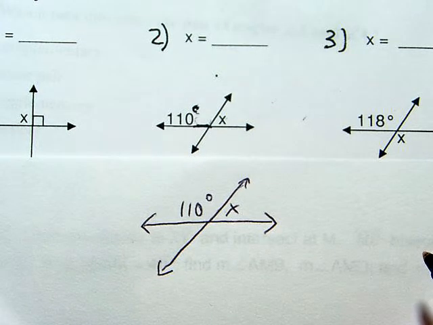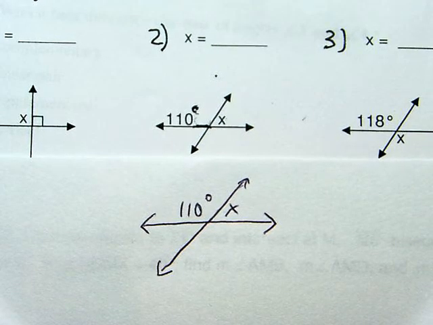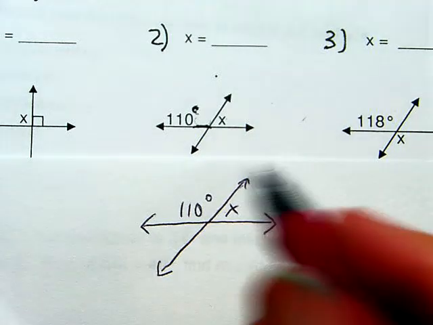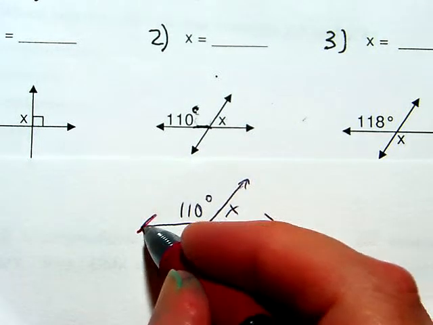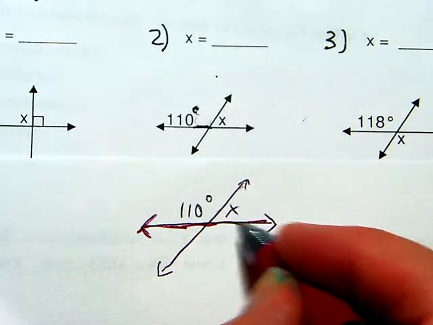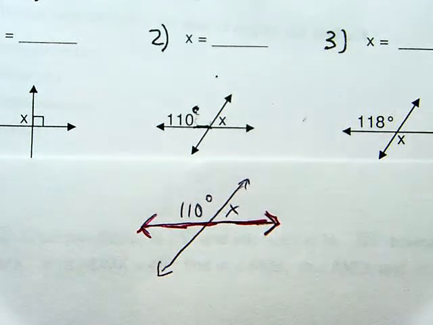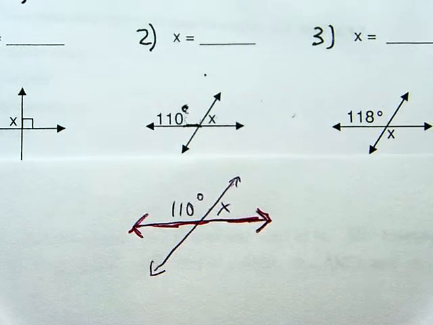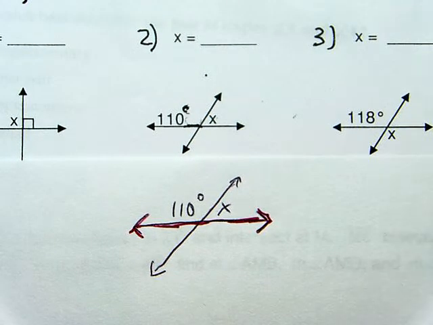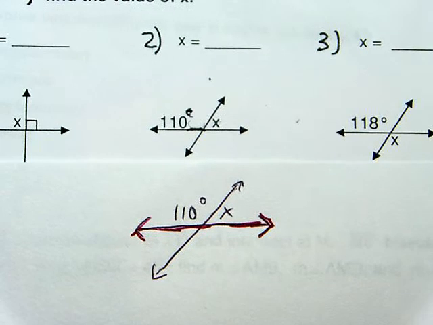Are they a linear pair? Yes. Okay, why are they a linear pair? Well, they're a linear pair because, take a look at this straight line here. Okay, that straight line has an angle measure of 180 degrees because every straight line has a 180 degrees measure.